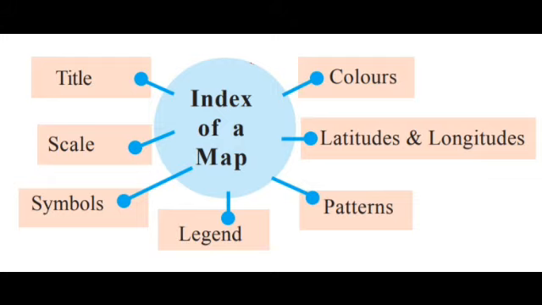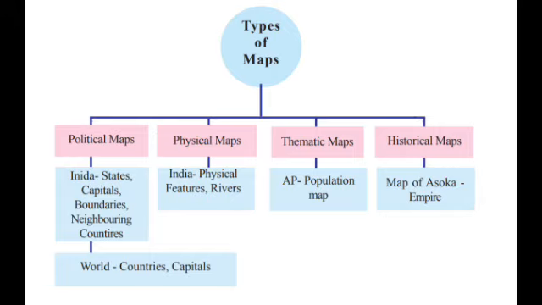And second one is types of maps. In types of maps, we will learn about political maps, physical maps, thematic maps, historical maps. And again, political maps show us India states and capitals, boundaries, neighboring countries, and world countries' capitals.